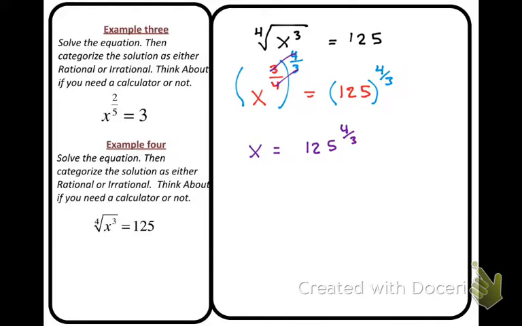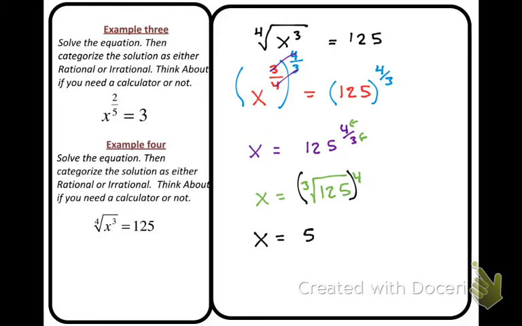Okay, now we focus on the right side, 125 to the 4/3 power. We can rewrite that using a radical. So we have x equals, that's my power, that's my root, the cube root of 125 to the 4th power. Playing around with this, if I do this part first, I know the cube root of 125, because 5 times 5 times 5 is 125.